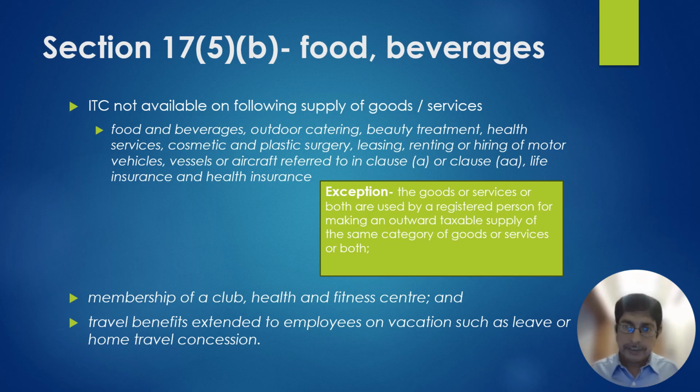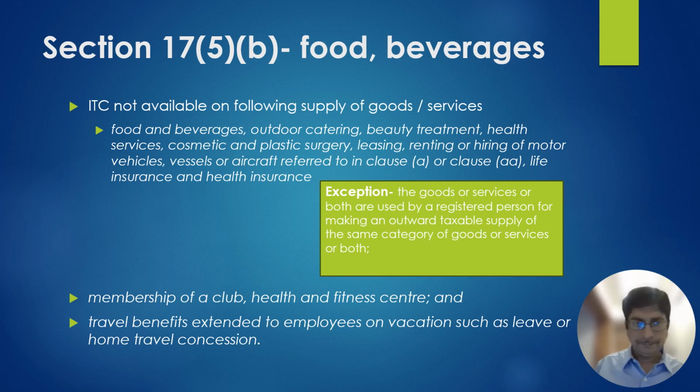The GST credit is available. Packed drinking water is covered under food and beverages. However, in case the person is dealing in packed drinking water, the GST credit is available. Health insurance, life insurance: if the insurance company reinsures that, it means a further supply as it is. Therefore, the GST credit in case of reinsurance business is available.